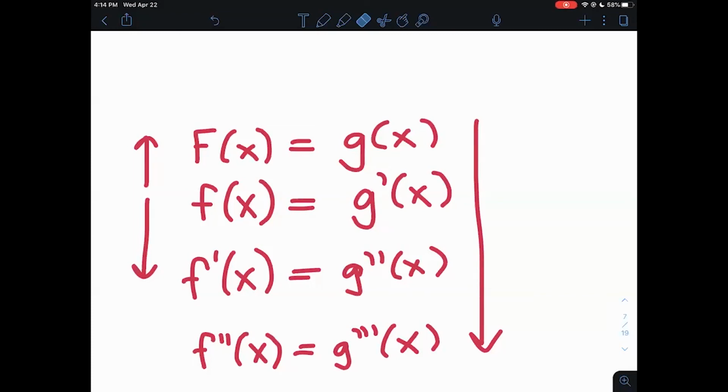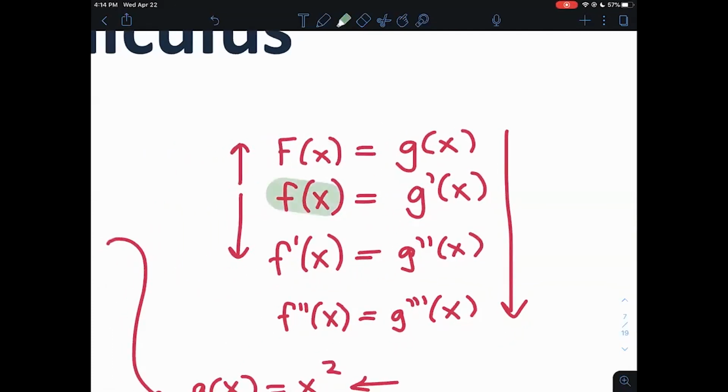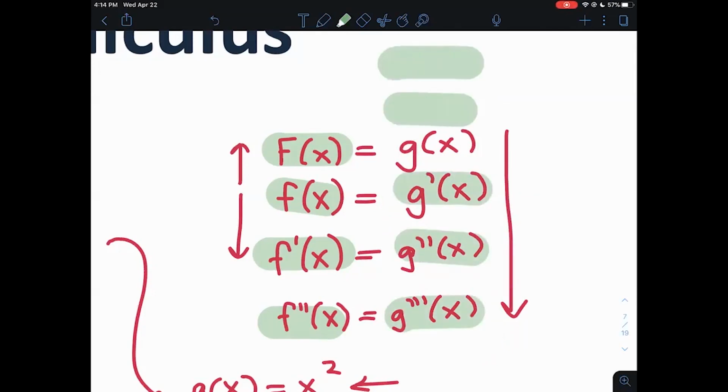So what I mean by that: when we have functions labeled as f and g in the same question in some kind of relationship, just start with a function, start going down by differentiating and going up by integrating, and then set the second function to the right of the first function where you know you have a statement of equality. And then you just keep doing the same thing. Just keep going down by differentiating and up by integrating.